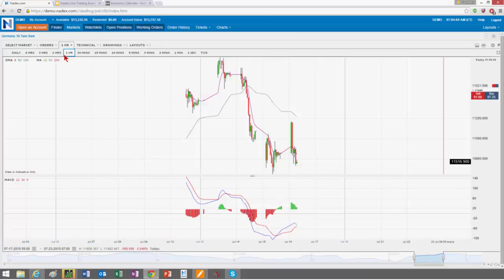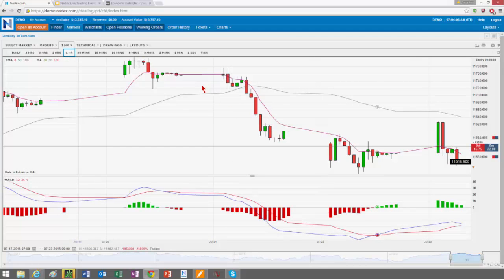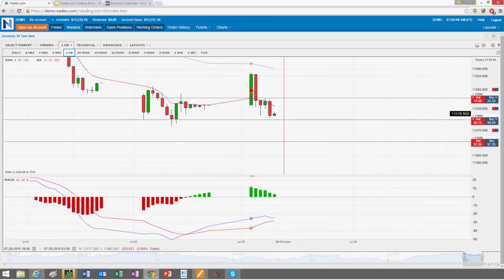I'm going to jump down to the hourly time frame. Here we are today, and you can see that we've been on a downtrend. The market is below the 50 moving average, below the T line. MACD is cycling down, moving toward bearish territory. So we'll take a look and keep a closer eye on that.